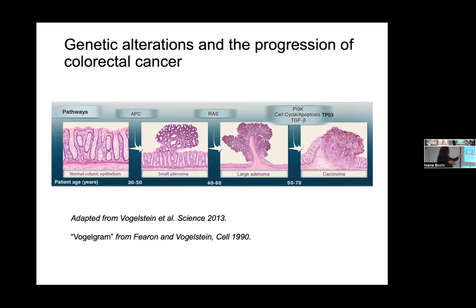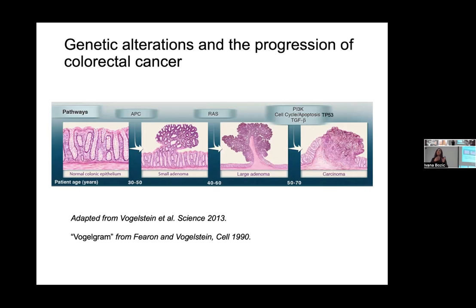Here on the left, we see the normal architecture of the human colon, which by this model is supposed to be followed by inactivation of APC as the first genetic change, which leads to the formation of an early adenoma.